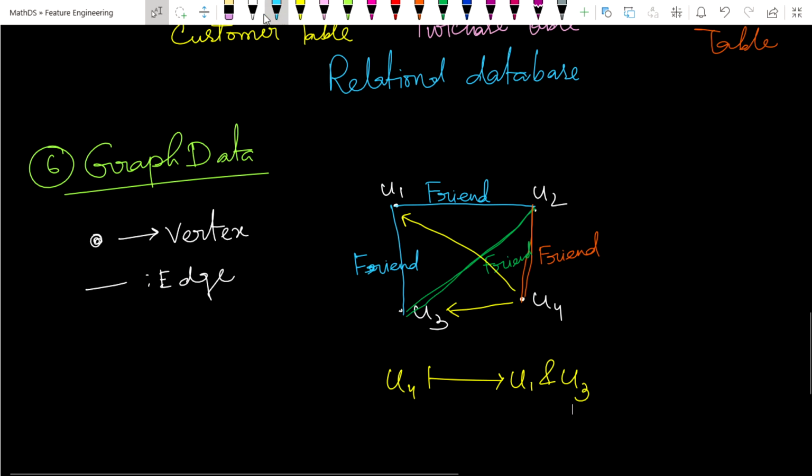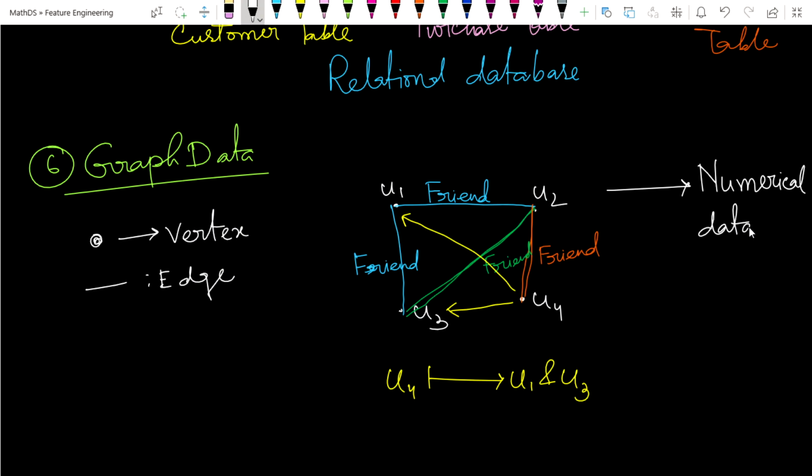The main question that comes to mind is how to featureize, how to convert this graph data into numerical data. Unless we convert graph data into numerical data, we cannot apply ML algorithms to it.